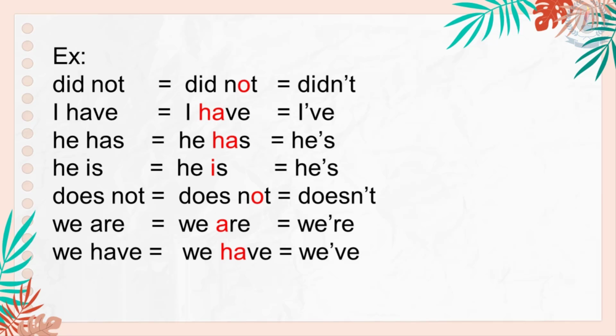Both of the letters of second word have been removed. Instead of that place, this apostrophe should be added. So we have becomes we've. So remember children, when we read the sentence, it differs. We have to identify which contractions have been used here.